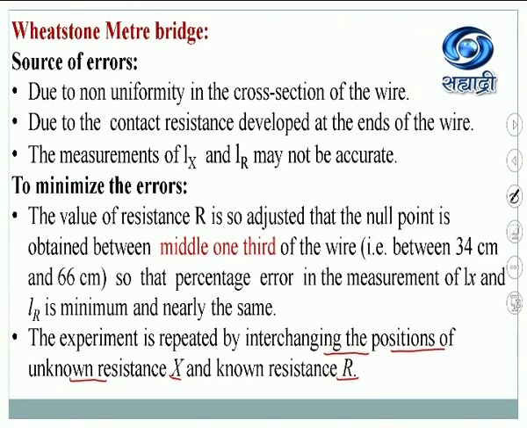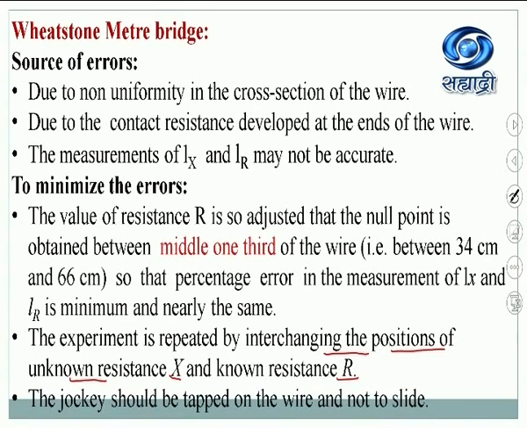If I interchange the gaps and do the experiment again, whatever error there is due to the non-uniformity of the wire, for example, it will be minimized. So by interchanging the gaps, we can also minimize the error introduced while doing the experiment.